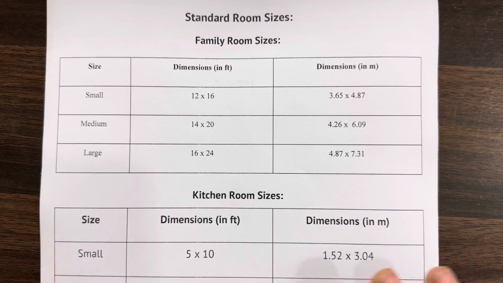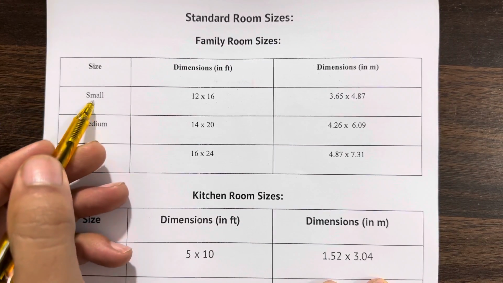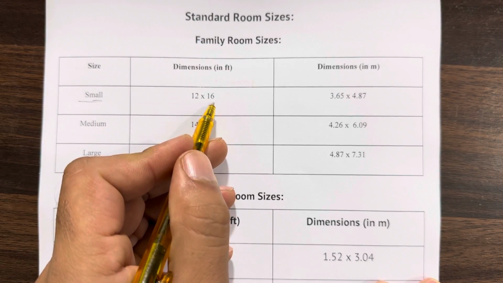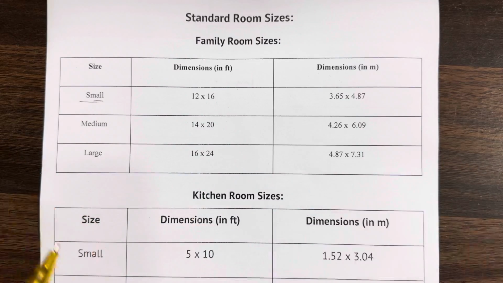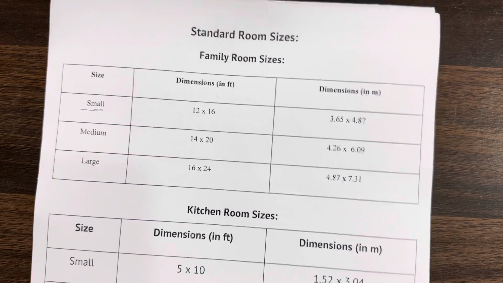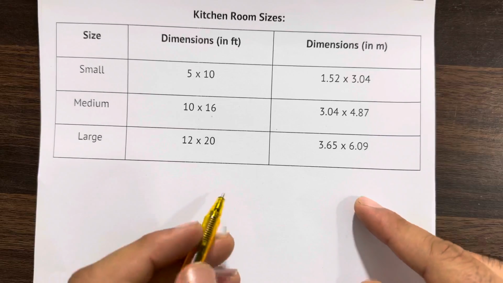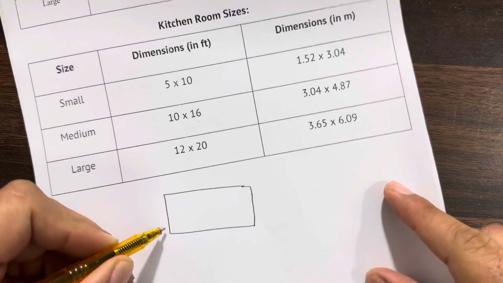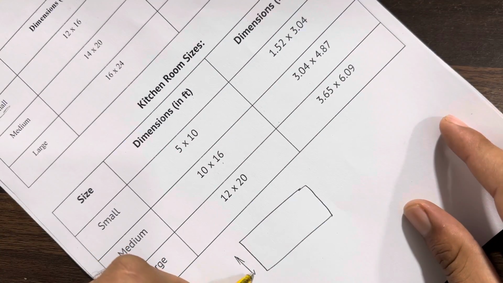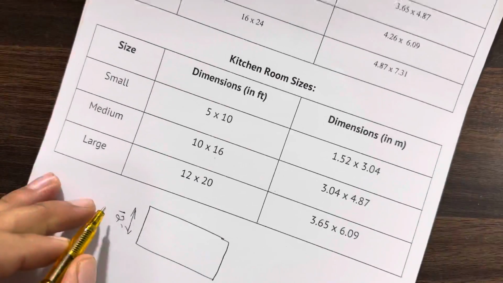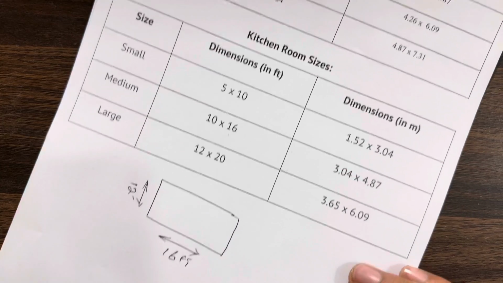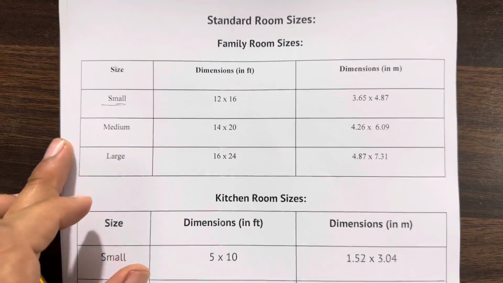Normally for family room sizes, the small one, you can keep the dimensions in feet 12 feet by 16 feet, 12 feet width of the room and 16 feet length. This is for small bedroom or family room size.